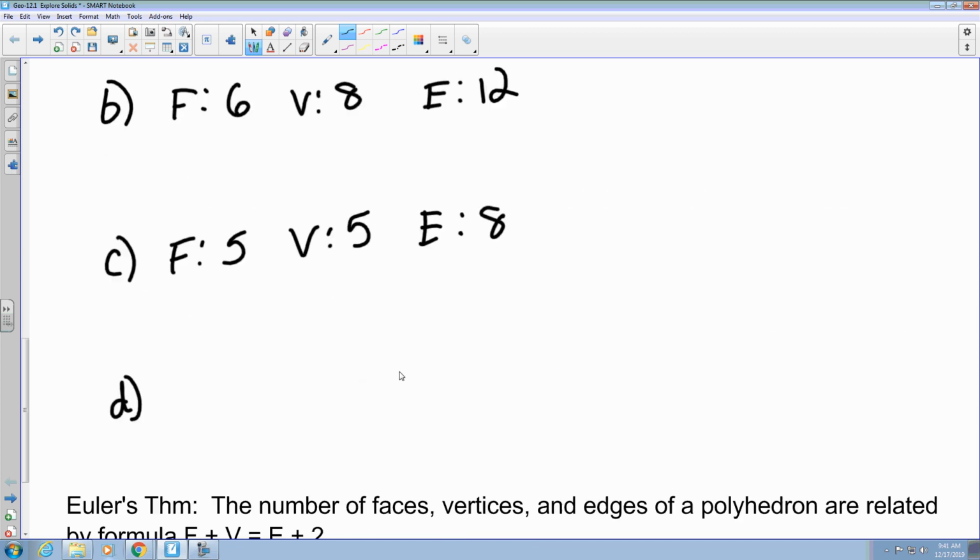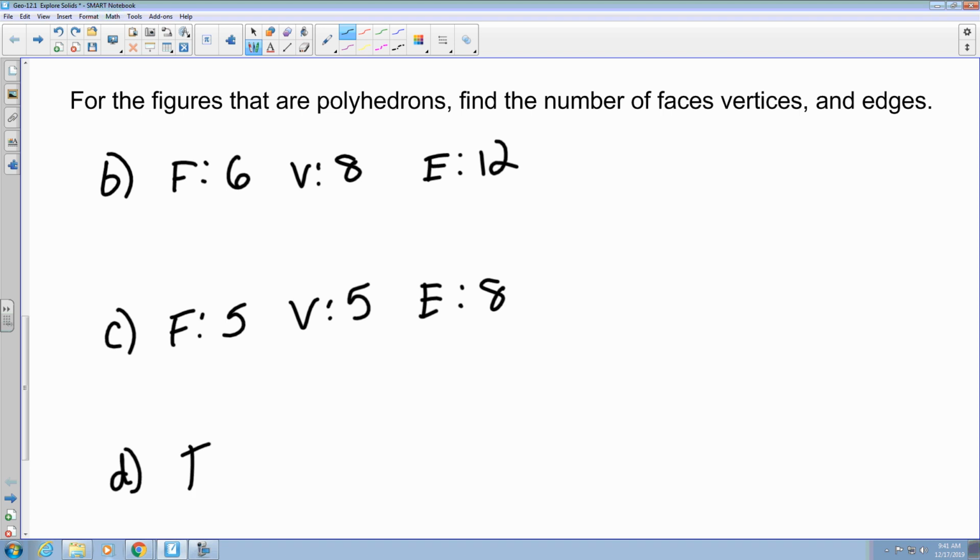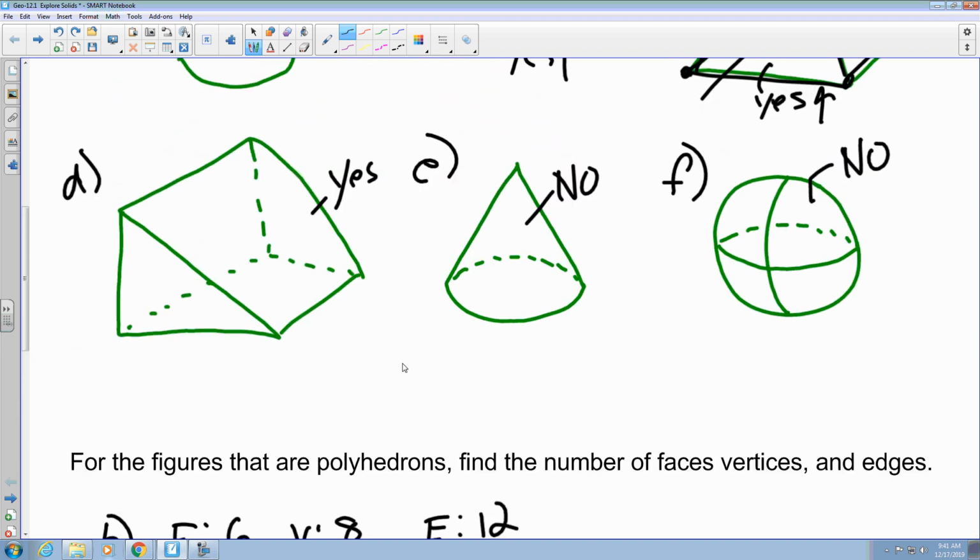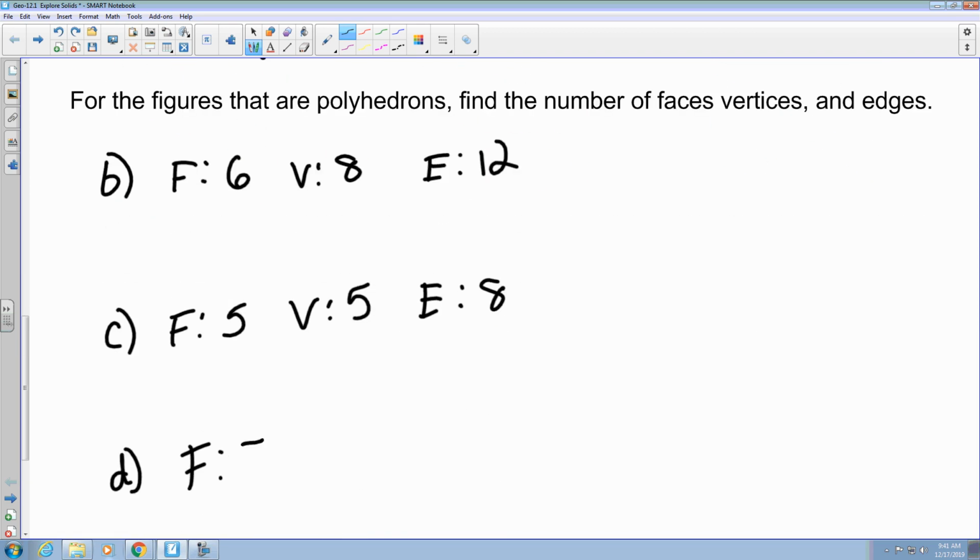And then the final one, D, look at the bases. So I got one here, two, three, four, and five. So I have five faces.